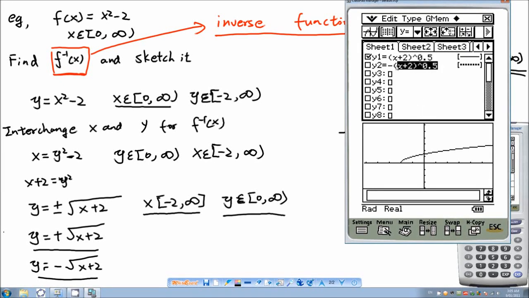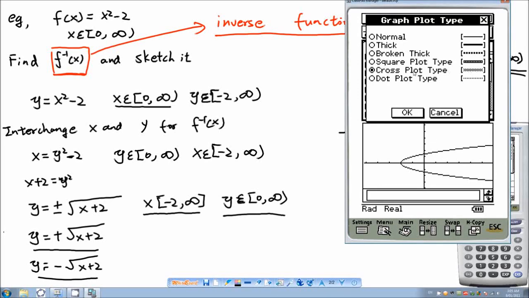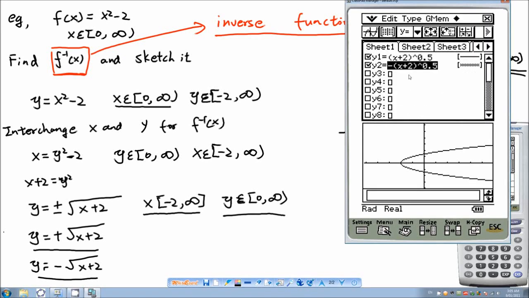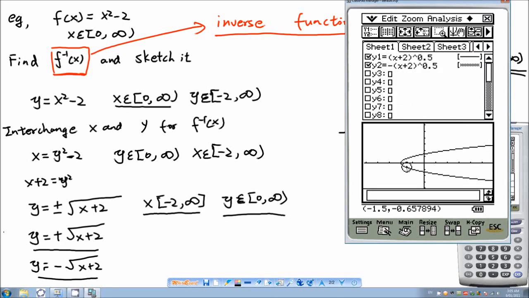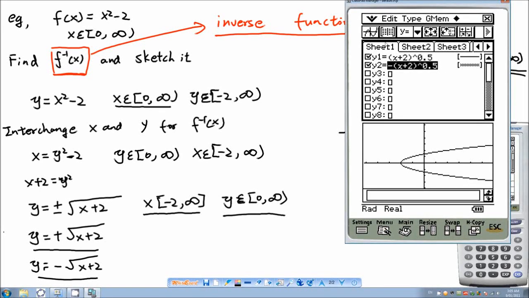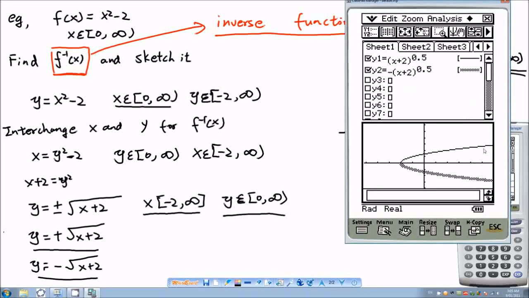Oh yeah, here. You see, the graph underneath is our second graph.